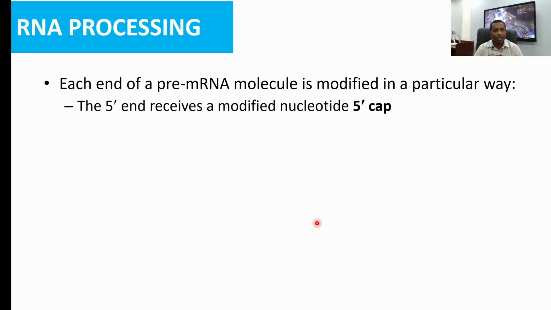During this RNA processing, the 5' end receives a modified nucleotide cap. We call it a 5' cap. The 3' end gets a poly A tail. We call it polyadenylation.